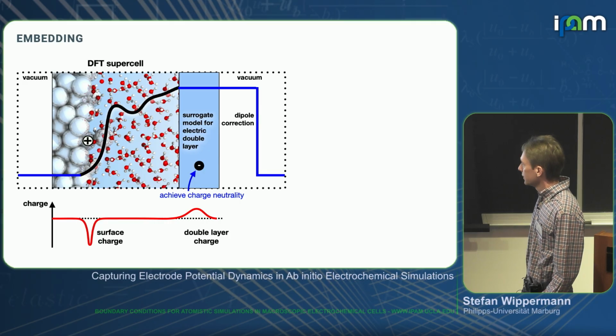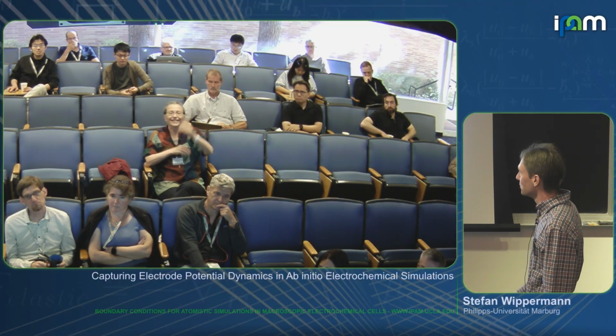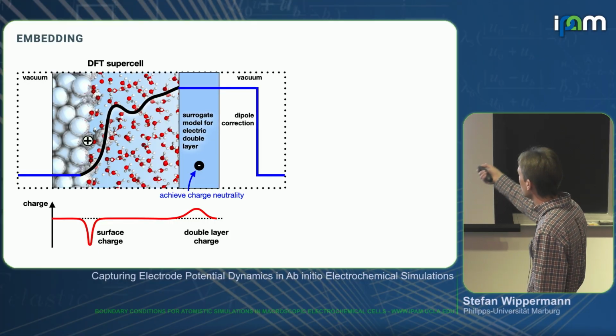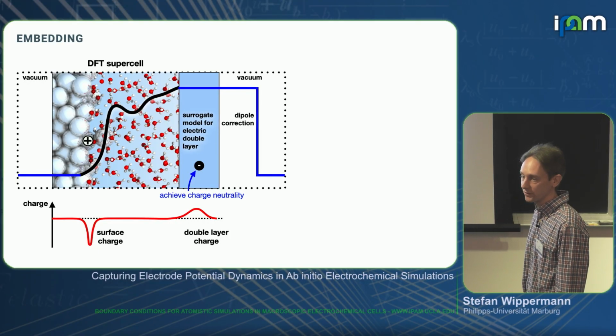Excuse me, why do you call it the electrical double layer? Because I call the electrical double layer those at a solid-liquid interface. It's a little bit confusing to call it that, for me at least. Oh, you mean this part here? Yes. I like to call this a surrogate model because this replaces the rest of the double layer that we no longer have inside the cell.